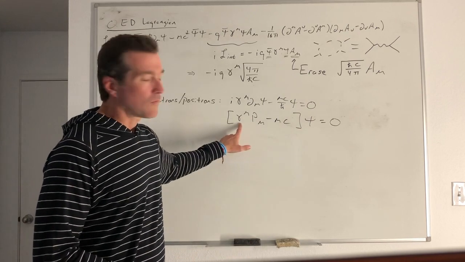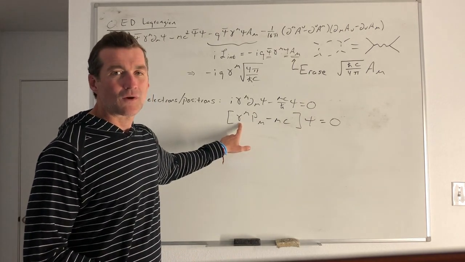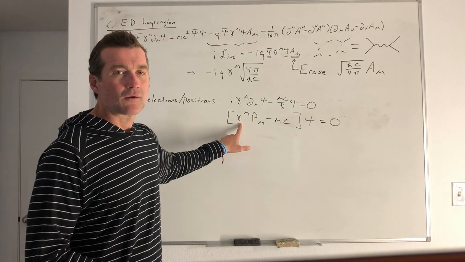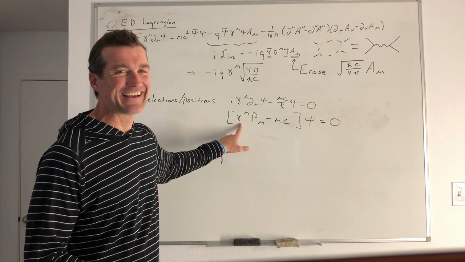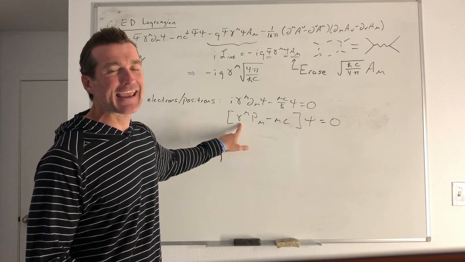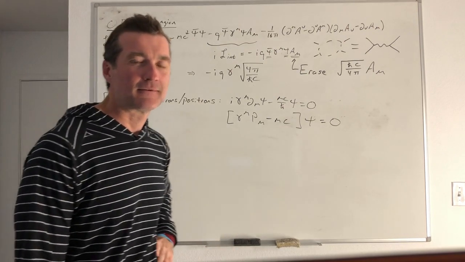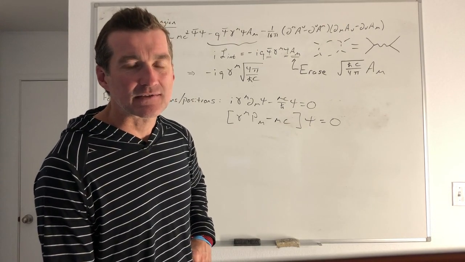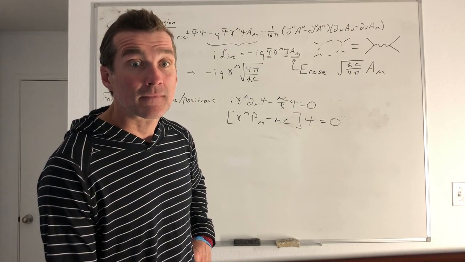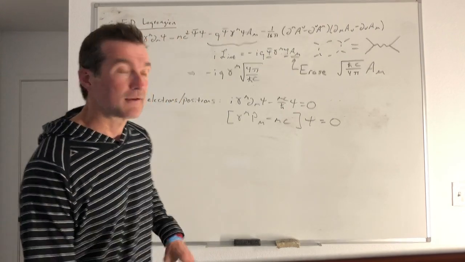What is gamma mu? Not just a number. What is gamma mu? It's a gamma matrix. It's a matrix in what space? In spin space.